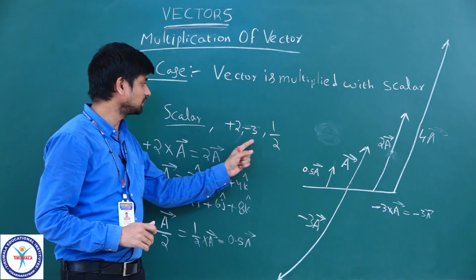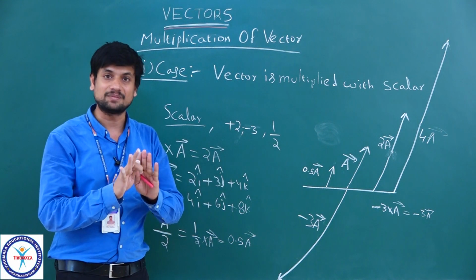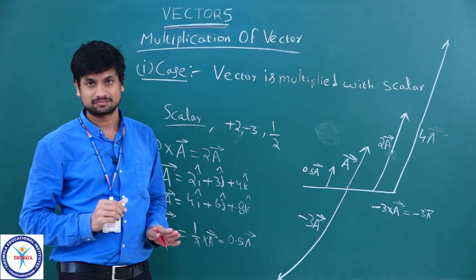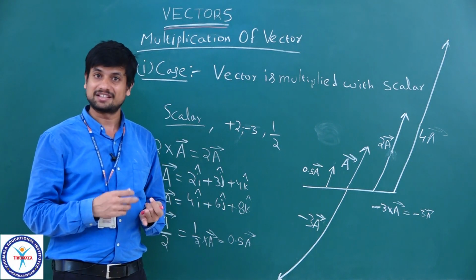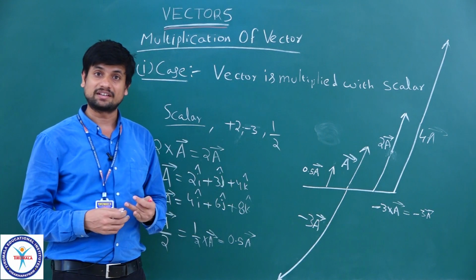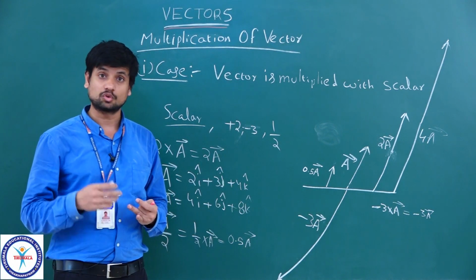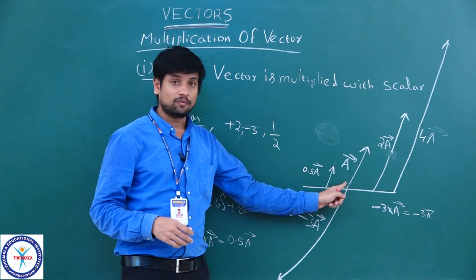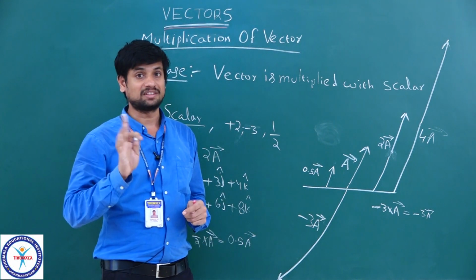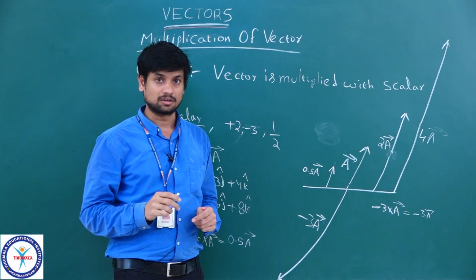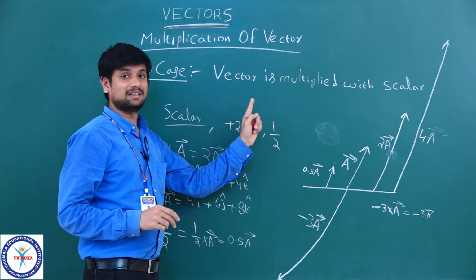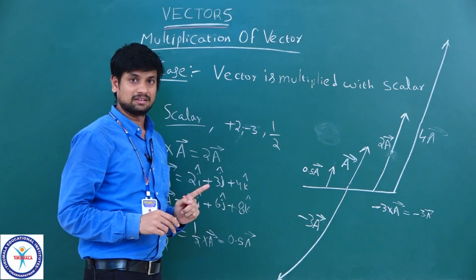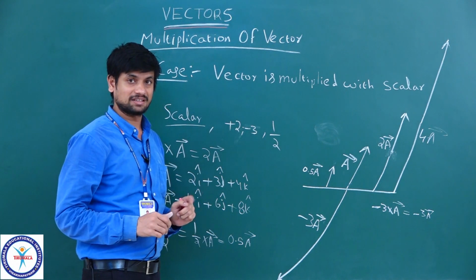Here these values 2, 3, half are not any physical quantity, just values. I told you before, mass, energy, these are physical quantities represented as scalars. So can scalar into vector be done? No. In that case we should not do it. In this multiplication, physical quantities are not allowed. Did you understand?